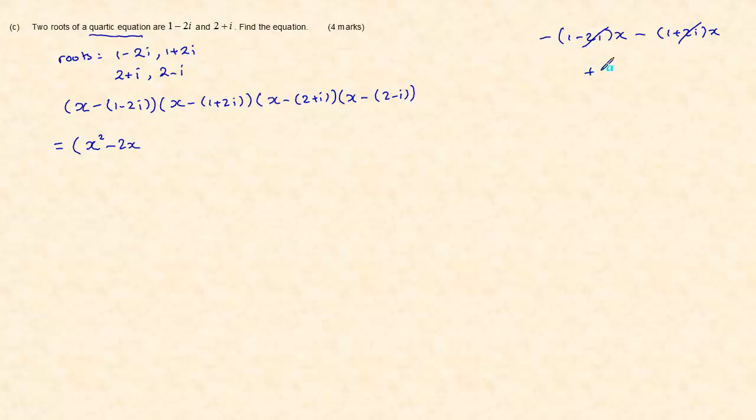Then we're going to get plus 1 minus 2i, 1 plus 2i. Difference of two squares, so that's going to be 1 squared, take away 4i squared, so that's 1 plus 4, gives us 5.